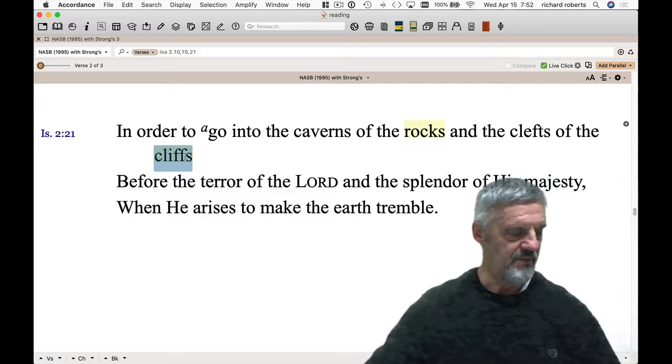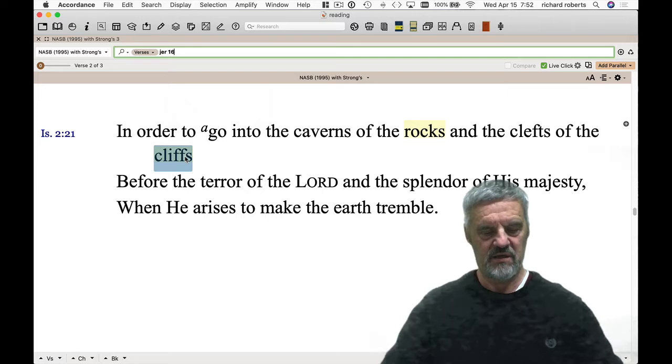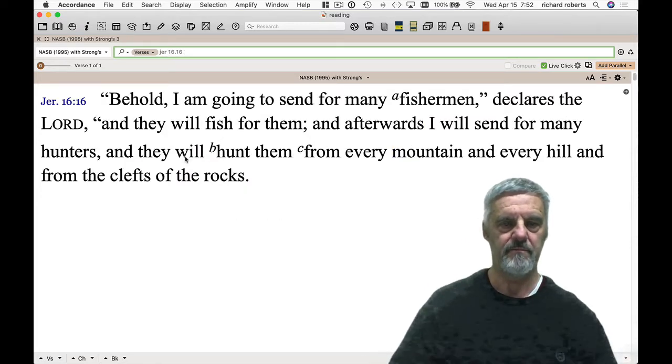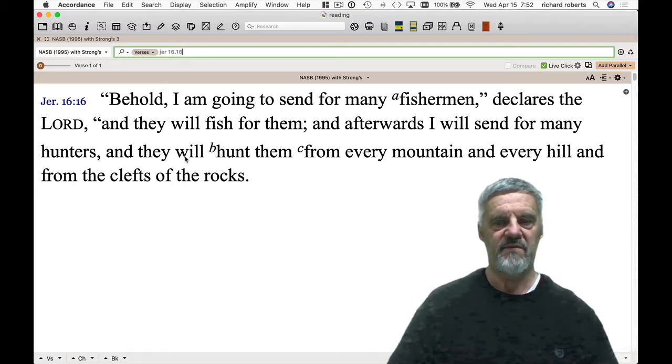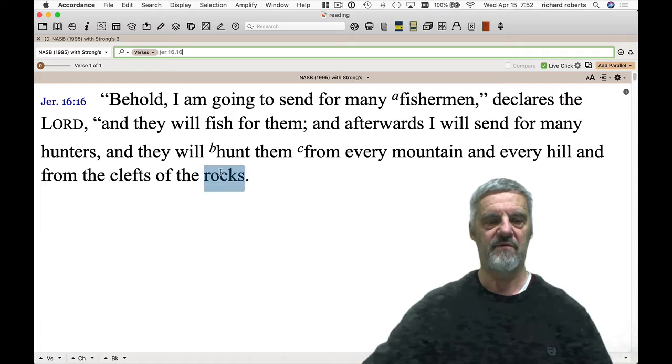So another example would be in Jeremiah 16:16. I don't have to give all of these to you. Behold, I'm going to send for many fishermen, declares the Lord. They will fish for them, and afterwards I will send for many hunters. They will hunt them from every mountain and every hill and from the clefts of the rocks.